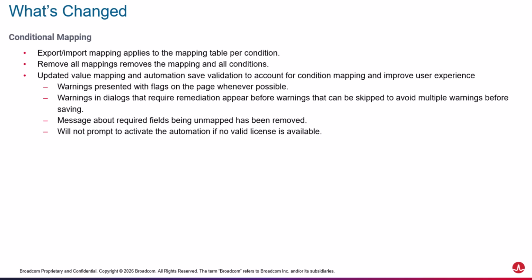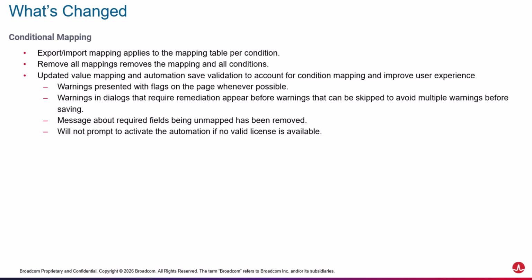Those pop up before any dialogues, so you have to clear your flag-based warnings before you get to any dialogues. Warning dialogues that require remediation before you are allowed to save happen in a first round, so you have to remediate that before you can get to further options.